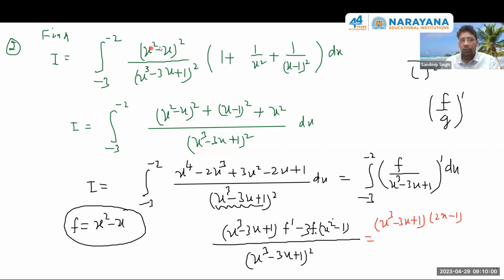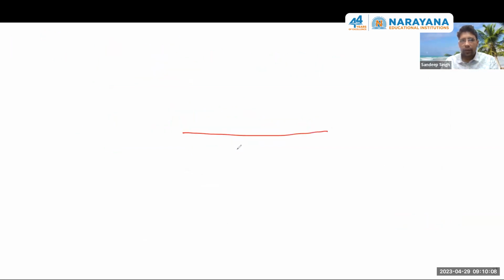Because we already know this is to be like this only, x square minus x. See, suppose there was cubic by cubic. Somewhere here, like x cube minus 3x plus 1, right? And suppose its dash was any other cubic you take, for example 2x cube minus 3x square plus 2x plus 1.